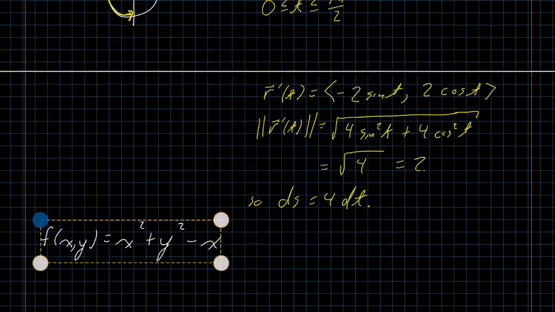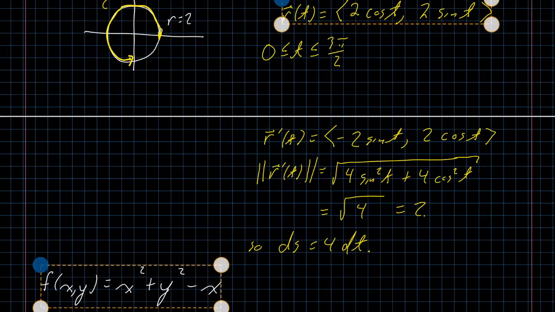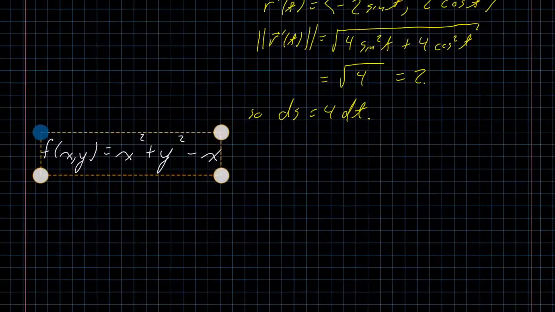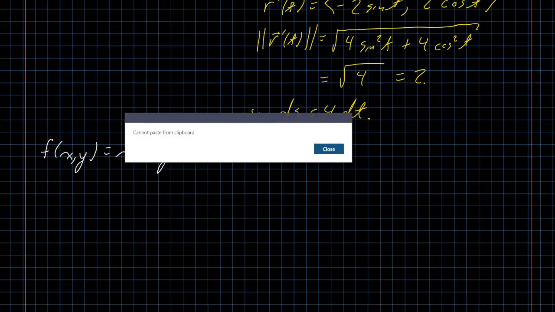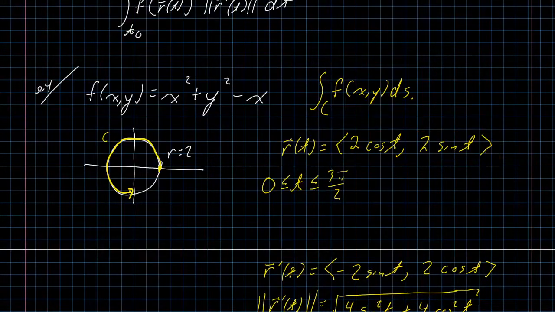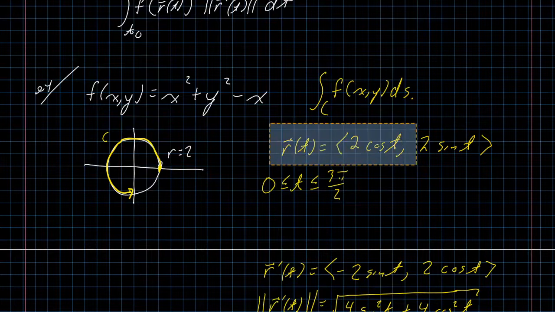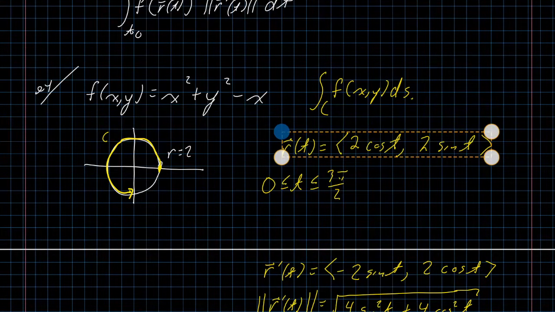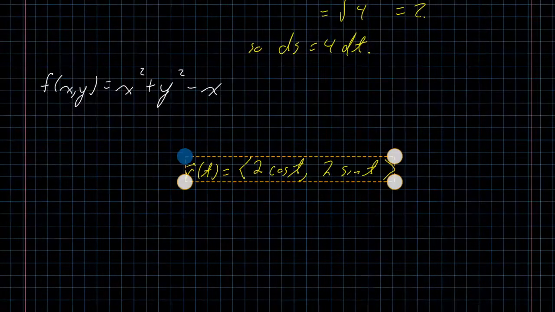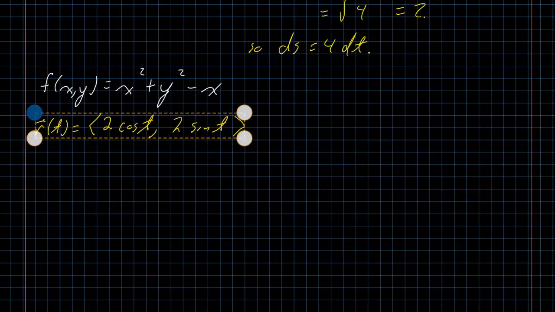Cannot paste from clipboard. Okay. All right, let's try that again. Grab this, copy, come down here, paste. There we go. All right, and we've got ds still on the screen.